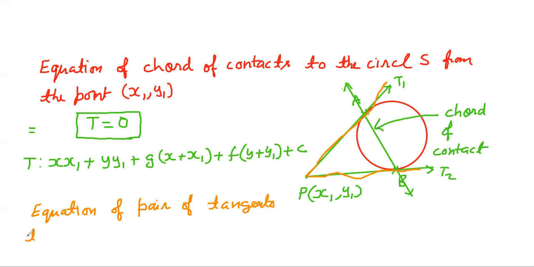to the circle from the point P(x1, y1). What is the equation of this pair of tangents? The pair of tangents is also a conic. Remember, always the pair of tangents is a conic, like a circle, hyperbola, parabola.